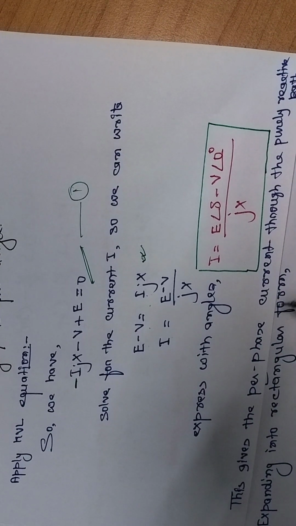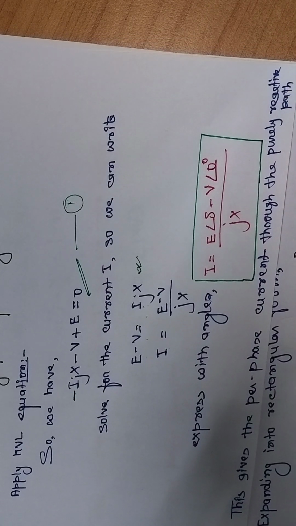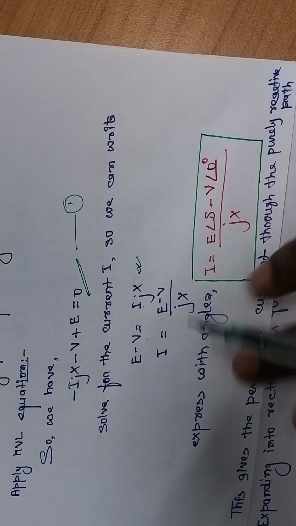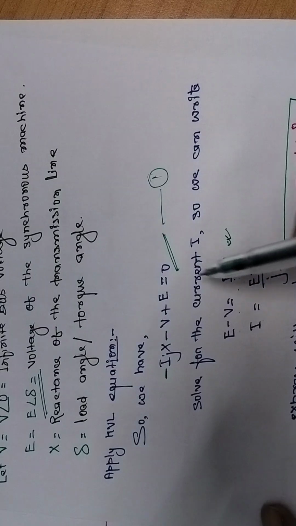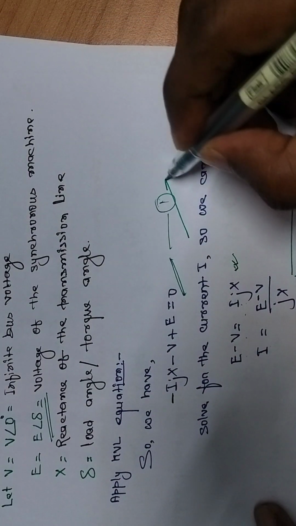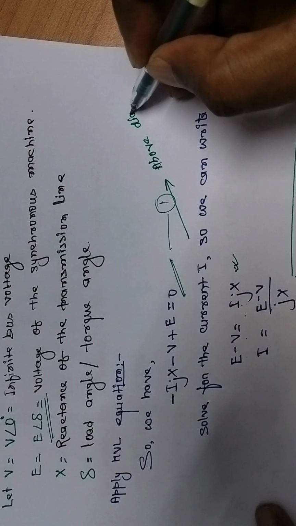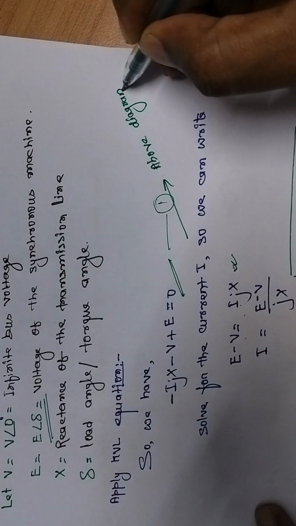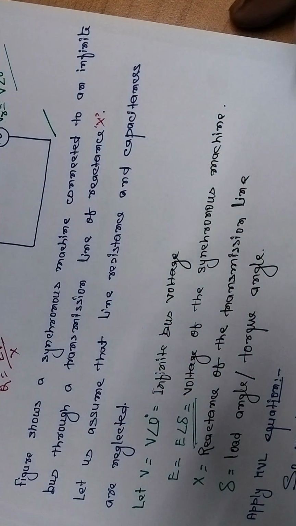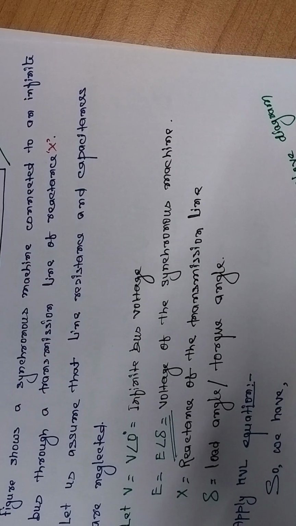This gives the per phase current through the purely reactive path. This equation is written from the diagram we already drew, from the KVL equation.